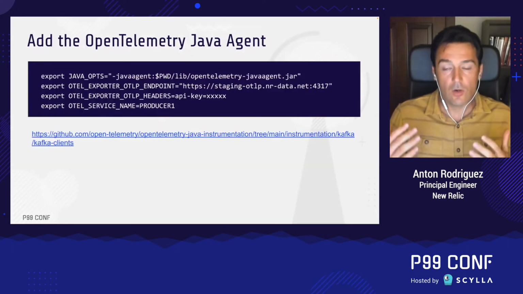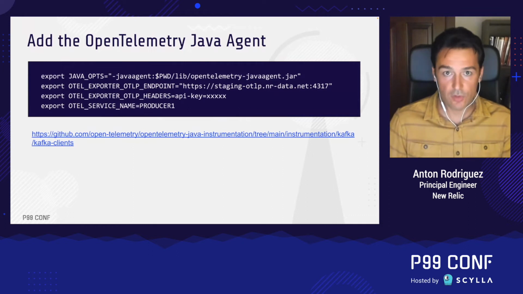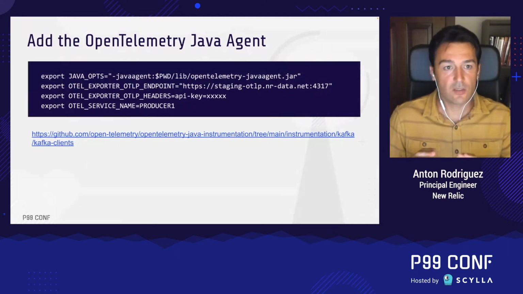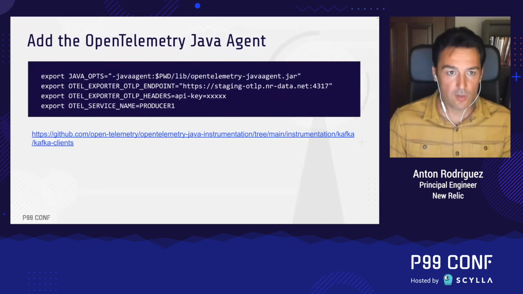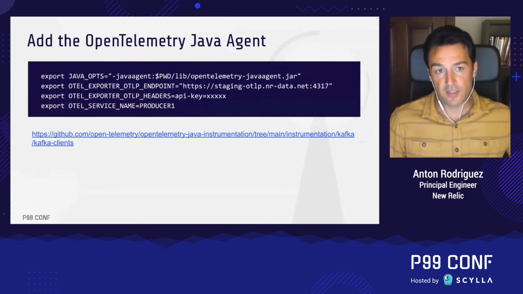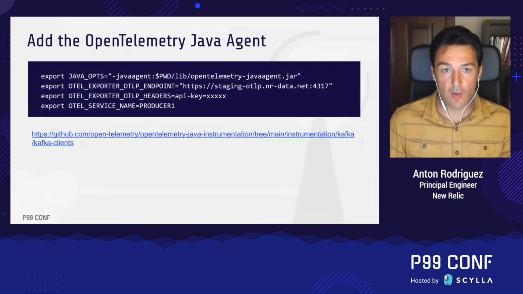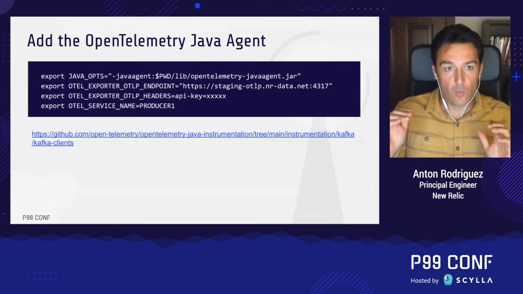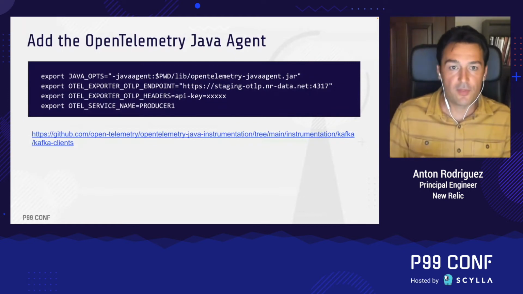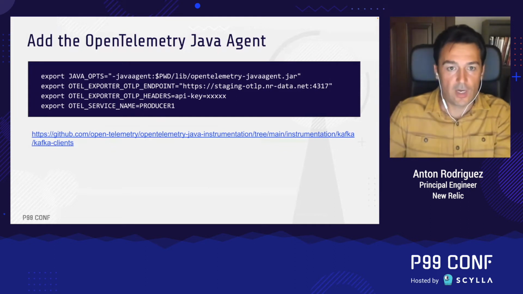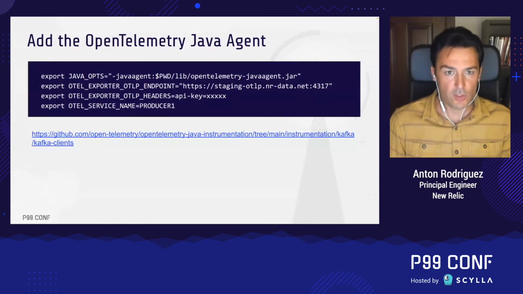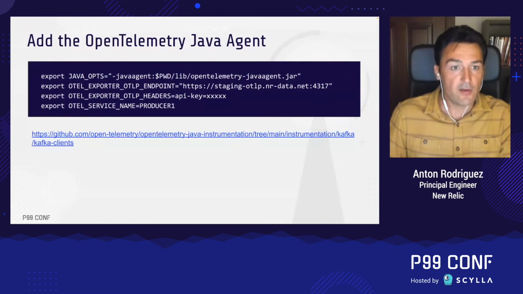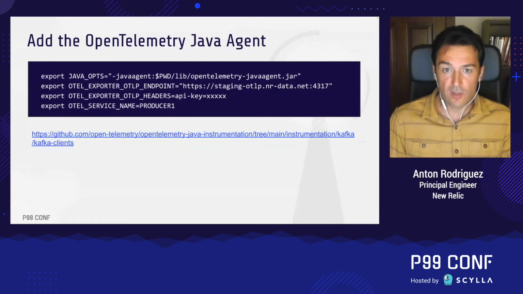So how can we start to use the Java agent? This is really simple. It's just 4 environment variables in our application. The first one is the Java opts variable, and we tell it, when you use Java, add this particular Java agent. It's just a jar file we can download from Maven Central or from the OpenTelemetry repositories. And then we define 3 more variables to identify the endpoint.